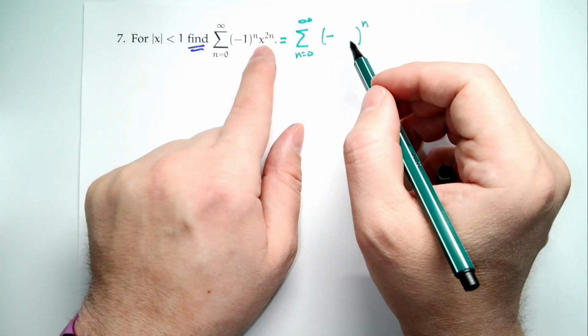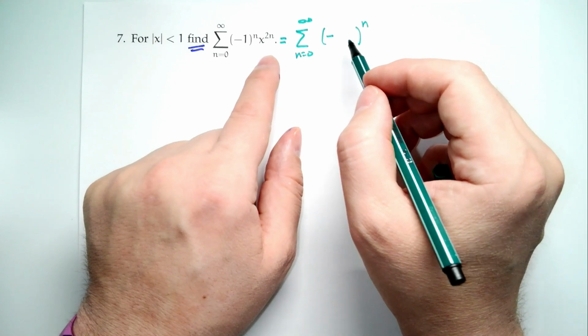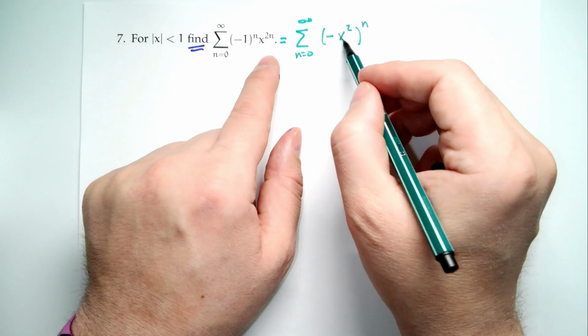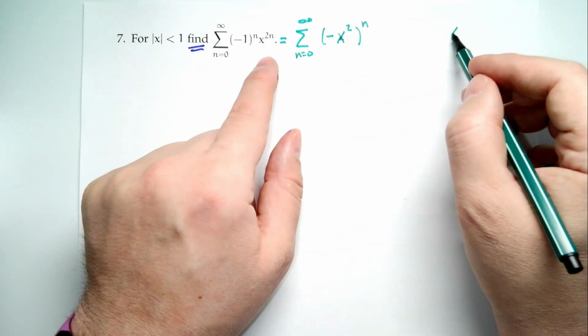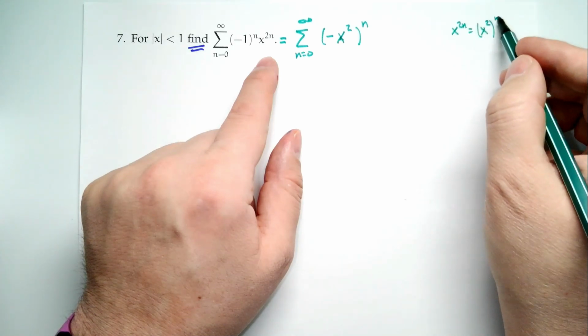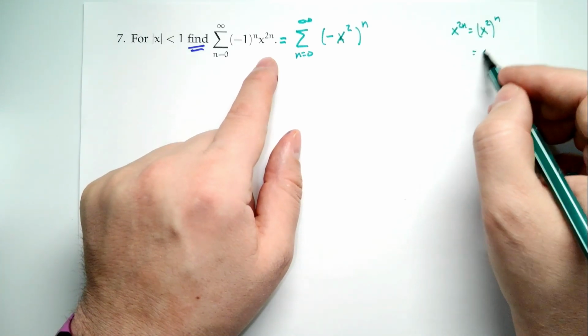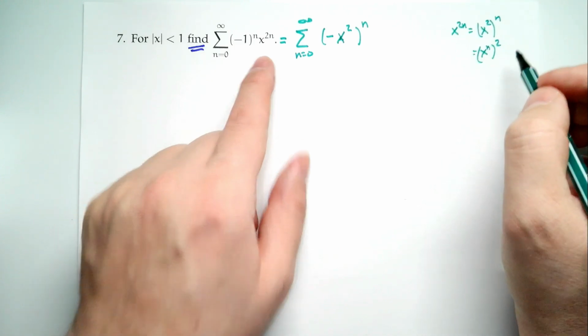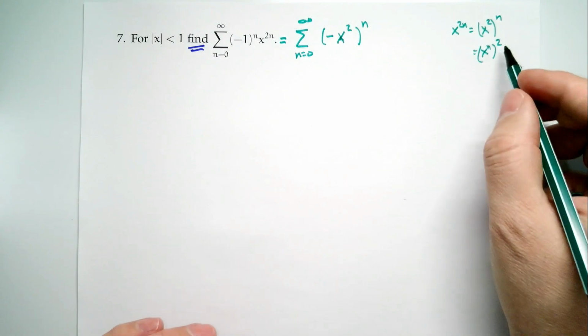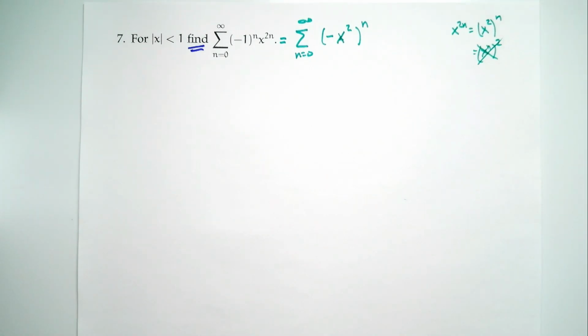If I want to write this as something to the nth power, what does that become? It becomes x squared. Well, why? Note that x to the 2n is the same as x to the 2 to the n. On a side note, it's also equal to x to the n to the 2, but we want that x to the 2 to the n. That's useful, whereas the other is just a pleasant distraction.